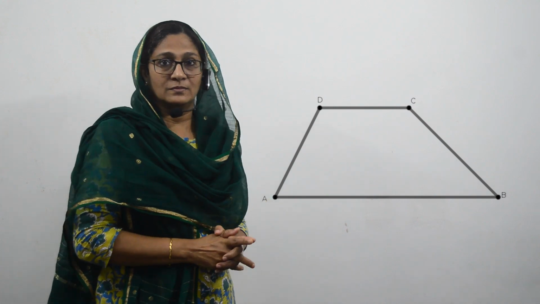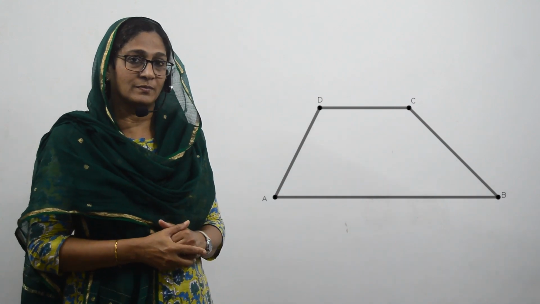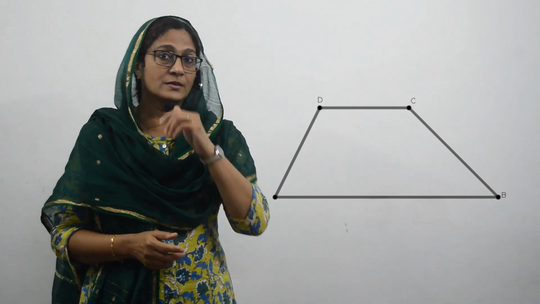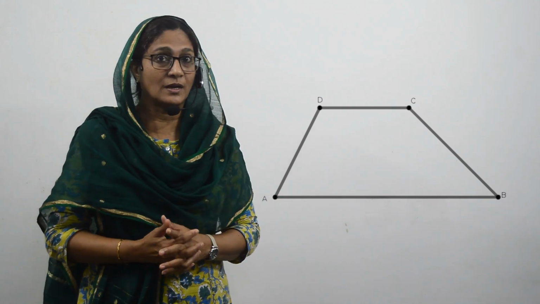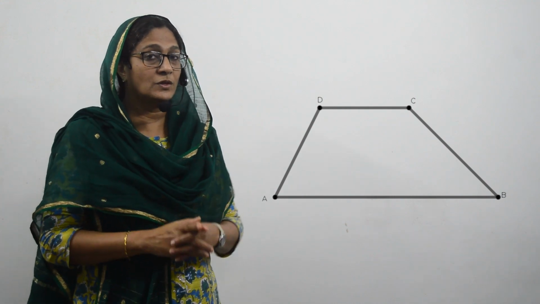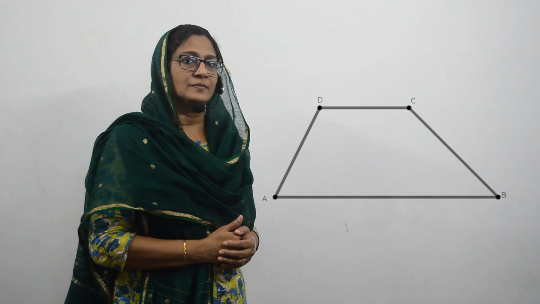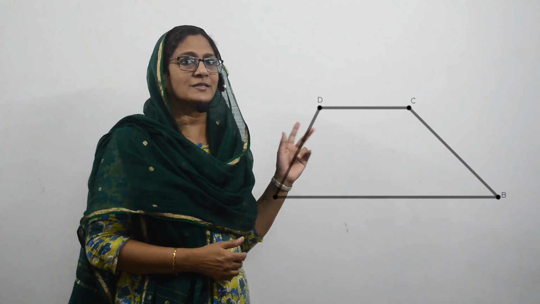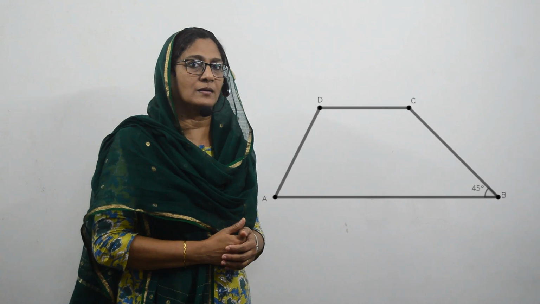Next we come to trapeziums. Trapeziums are quadrilaterals in which only one pair of opposite sides are parallel. The figure shows such a trapezium. Are trapeziums cyclic? We have to observe the opposite angles. Take a close look at the figure. One pair of opposite sides of a trapezium are parallel.